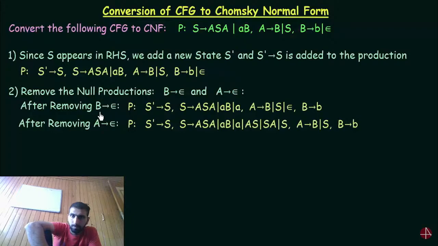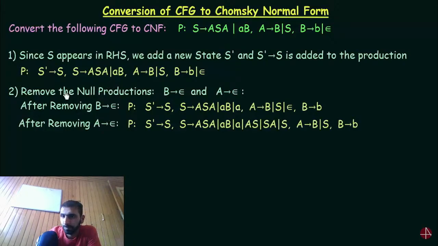So let us first remove B gives epsilon. In order to do that, we check the productions, and wherever a capital B occurs, we remove that B and add the result as a new production.